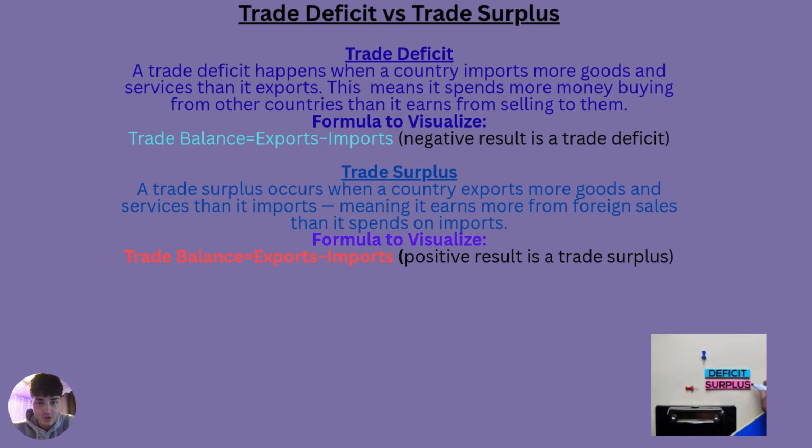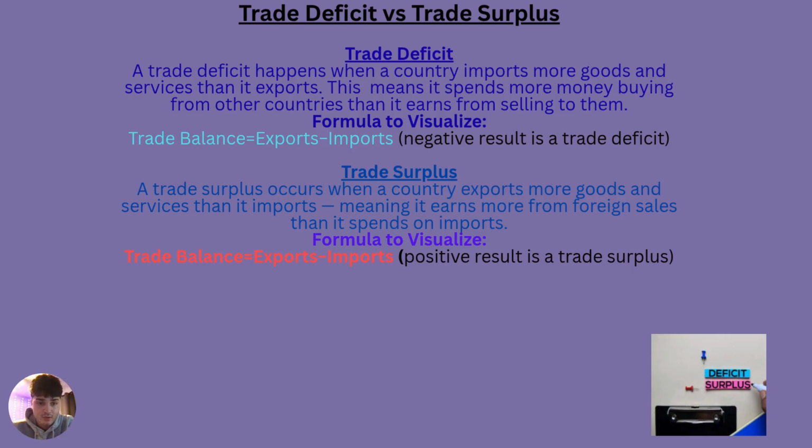This means that we spend more money buying from other countries than it earns from selling to them. A formula to visualize this is trade balance equals exports minus imports, which is a negative result, and a negative result is a trade deficit.